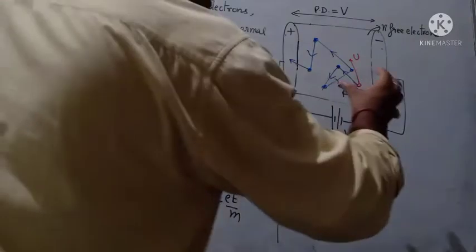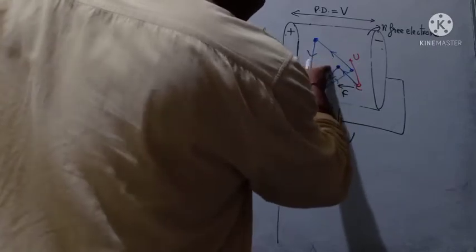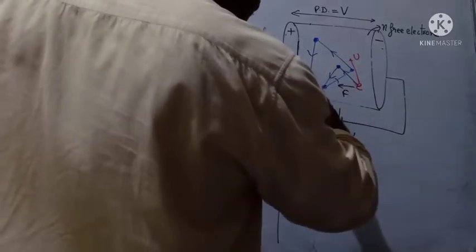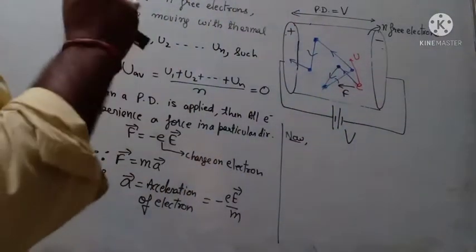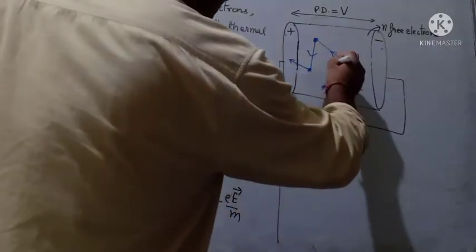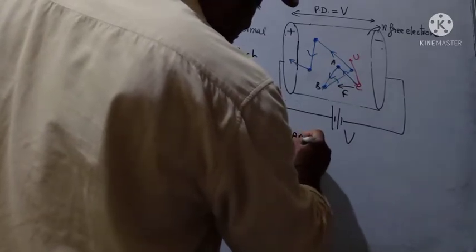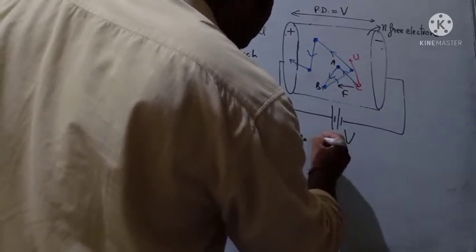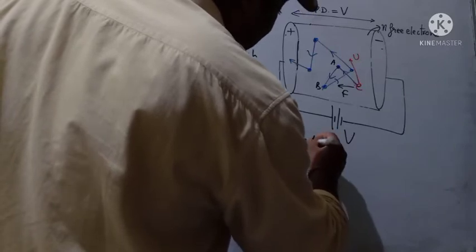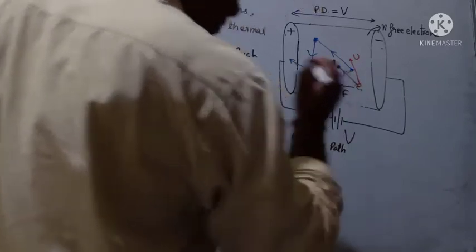So, look, one thing more. This is the first collision and this is the second collision. The path between the first collision and the second collision is called the free path. If it is A and B, then AB will be called the free path.